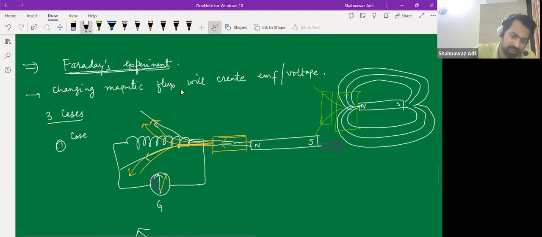So you guys just note it down. Okay, these are three cases. And if you guys have any doubts, please ask. So in two cases, we are moving the coil, right? Moving the magnet or moving the coil. But in the third case, we are just switching on or switching off.